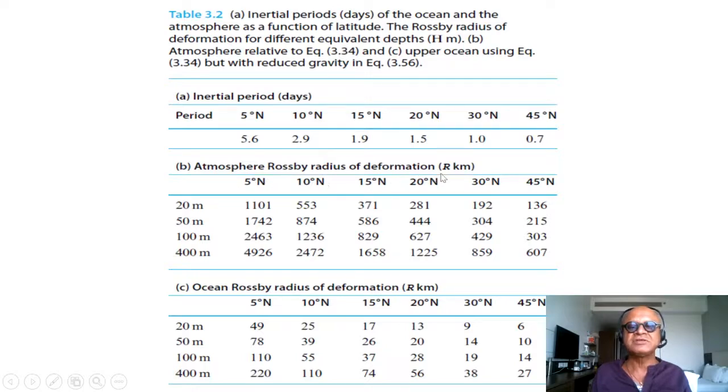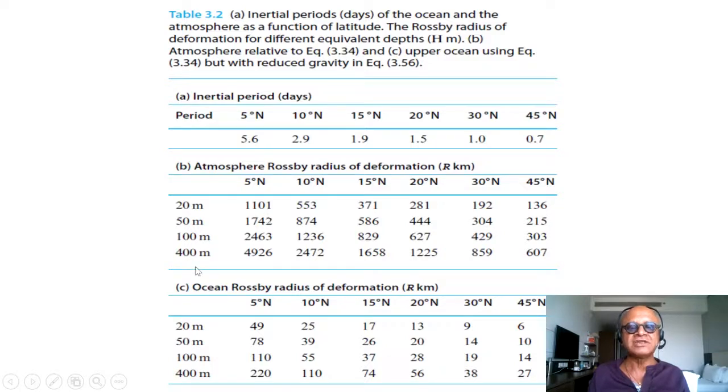Atmospheric Rossby radius of deformation, which we will define in a minute again. We already defined it as square root gh over f. Obviously, wave speed is going to determine that as well, and that's going to depend on the equivalent depth.